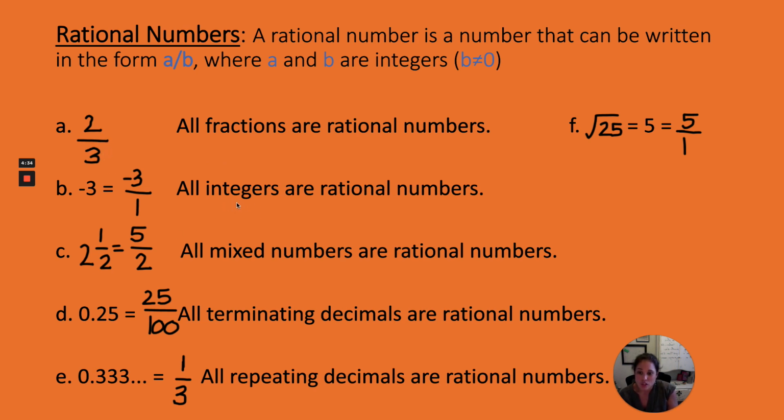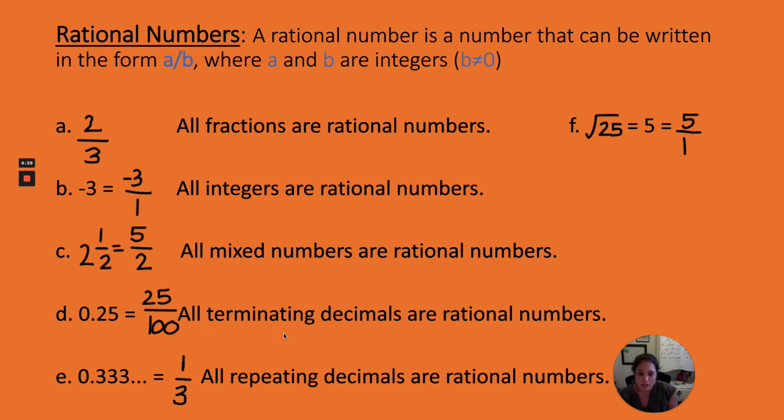All integers are rational numbers because we have negative 3. Negative 3 can be written as a fraction just by putting a 1 underneath. All mixed numbers are rational numbers, such as 2 and 1/5, because this can be changed into an improper fraction.